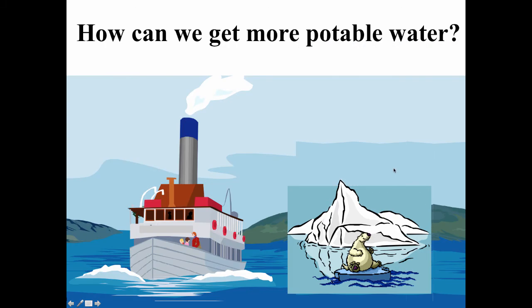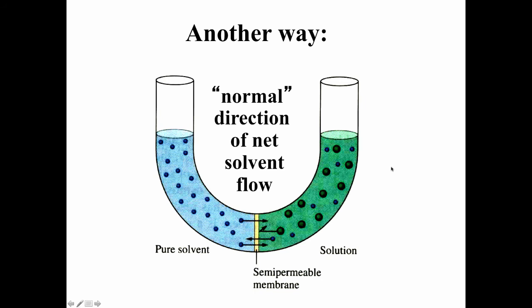It's been literally suggested that we send ships to tow icebergs from, let's say, the Antarctic to places that need fresh water. Now, that's at least theoretically doable. You can get an iceberg there without it all melting. But maybe a better idea is to use a process called reverse osmosis, which is the opposite of what we normally have happen in osmosis.